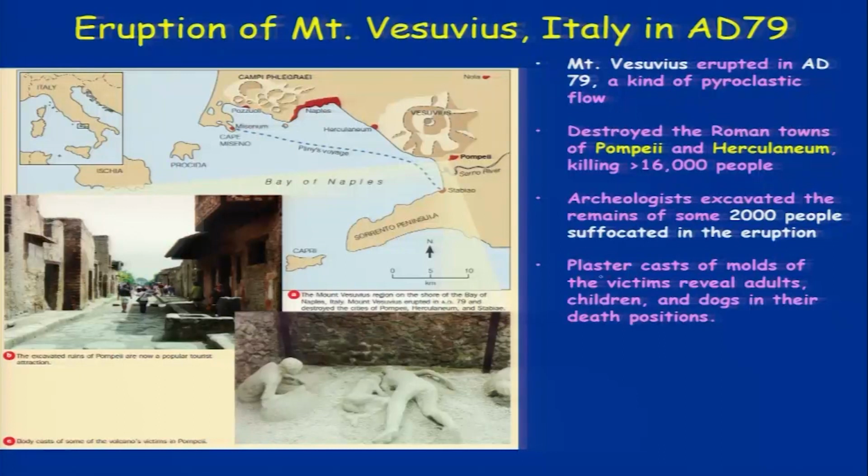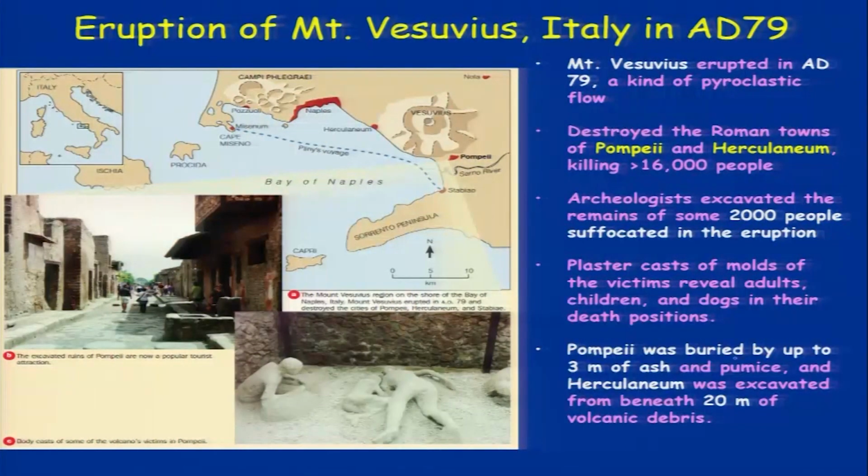What they found were the victims' plaster casts, even of adults, children, and dogs, in death positions. Another important point to note here is that they did not even get time to move out from this place. The flow was so fast.